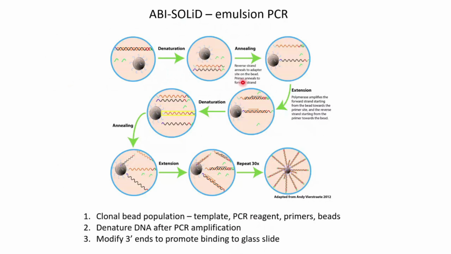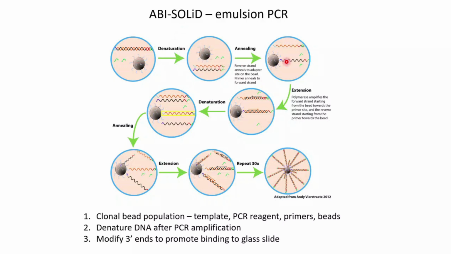So the way this works, follow a little bit so I don't lose you. You have your DNA, we'll denature it, just like we did previously. You'll attach these adapters at each end. You have adapter P1 and adapter P2 instead of A and B, but basically the same thing.